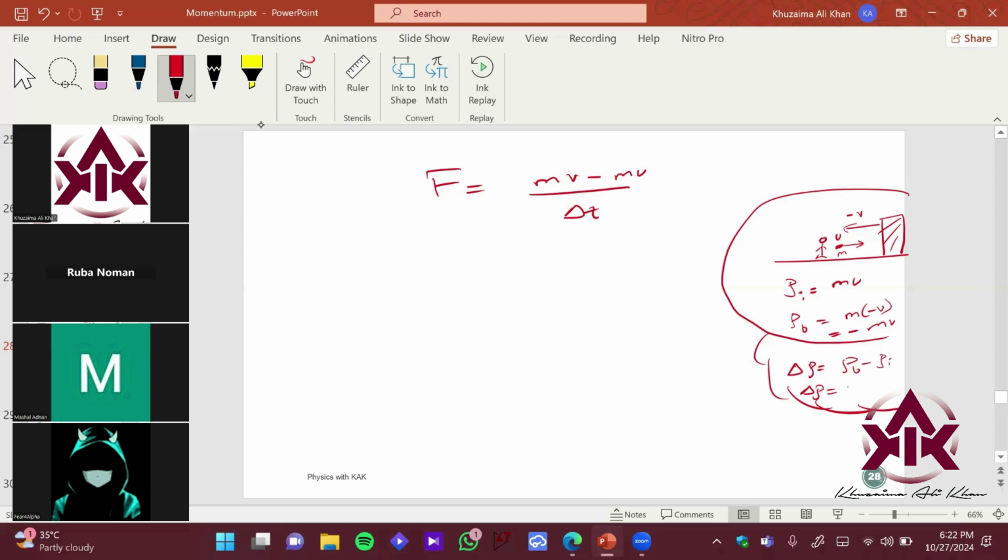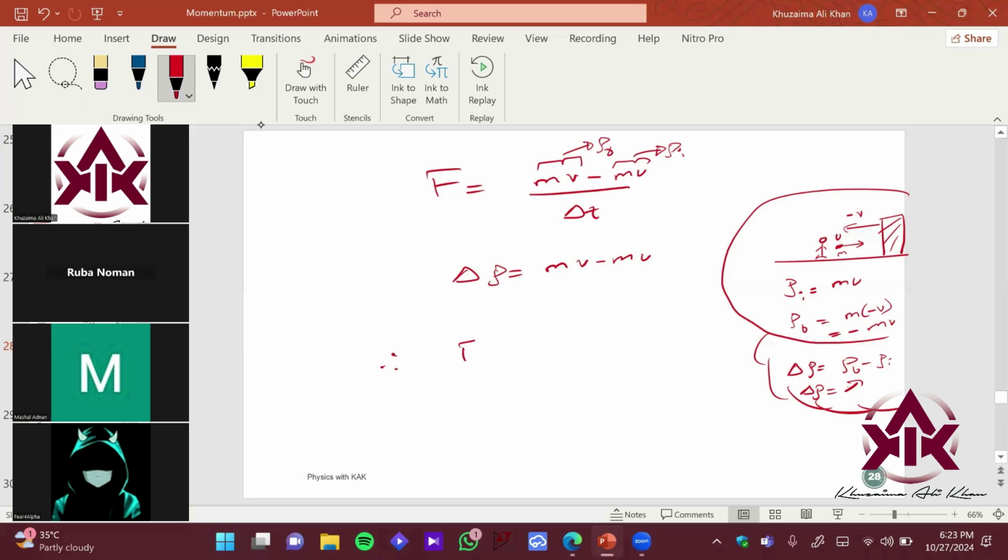This is your delta P. What do you see over here? The final momentum, and over here the initial momentum. So this quantity is basically delta P, that is mv minus mu.